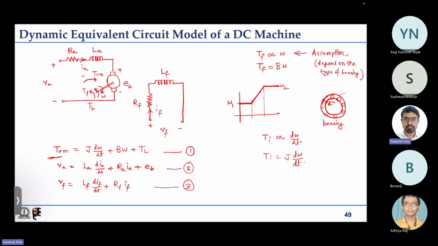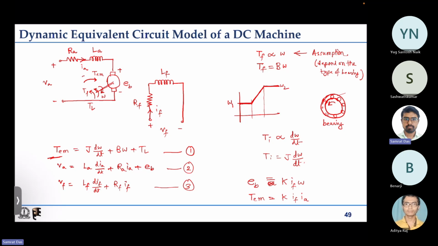So we know that the back EMF is proportional to the speed as well as the field winding current, and the proportionality constant is K. Similarly, TEM, the electromagnetic torque, is also proportional to the armature current and the field current, and the proportionality constant will come out to be the same K.